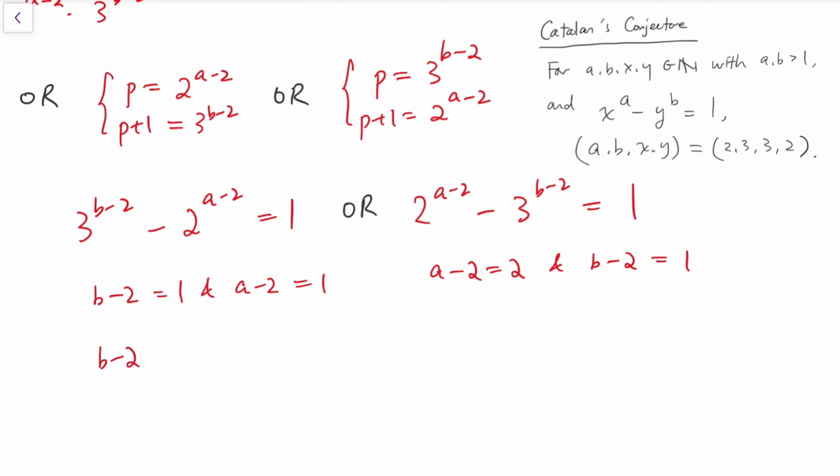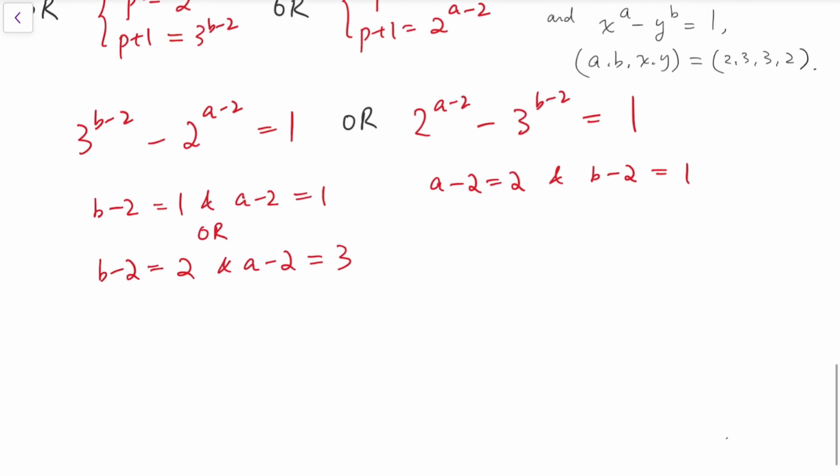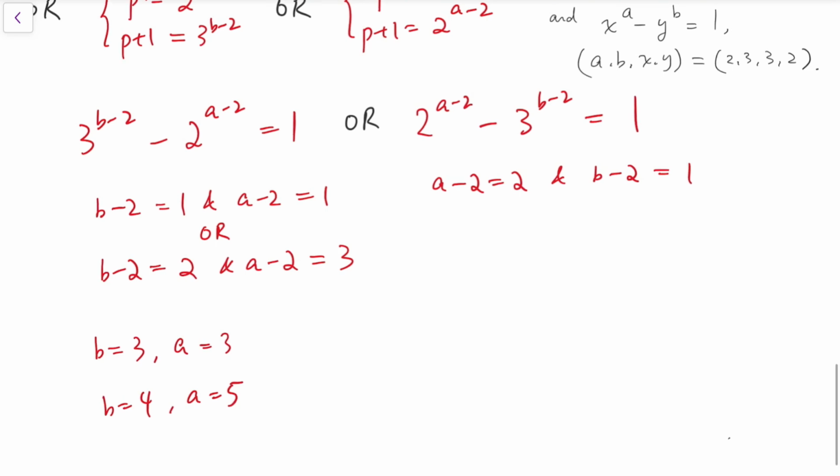Otherwise, the only possible case would be b minus 2 equals 2 and a minus 2 equals 3. And that's it. That's all the possible solutions. So for each case, either we have b equals 3 and a equals 3, b equals 4 and a equals 5, or for the case at the right, we can have a equals 4 and b equals 3.